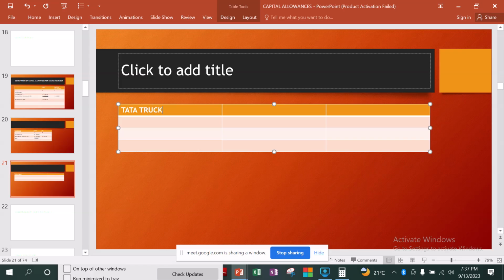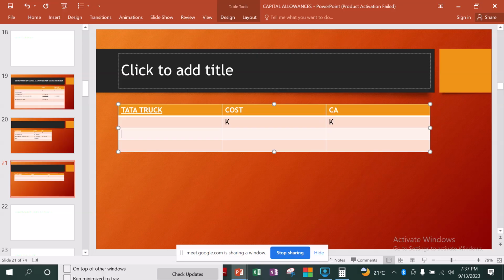Okay, so we also underlined. Here we have the cost and the capital allowance, and we show that they are in kwacha.